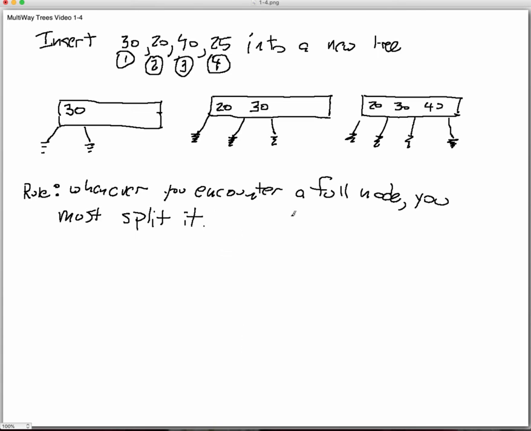And the question is how do you do that? So I'm getting ready to insert 25, and I come into my tree and I say, uh-oh, this thing is now full. The way that you split it is actually very simple.